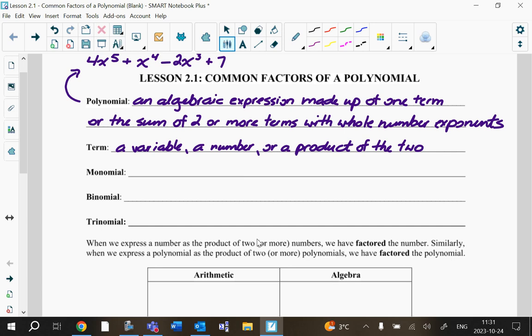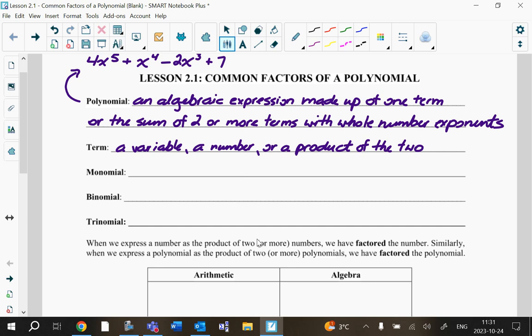This one's made up of 4 terms, because terms are separated by addition and subtraction signs. Okay? And this term has a number and a variable with an exponent getting multiplied. This one just has a variable with an exponent. This is a variable with an exponent times a number. This is just a number. Okay?